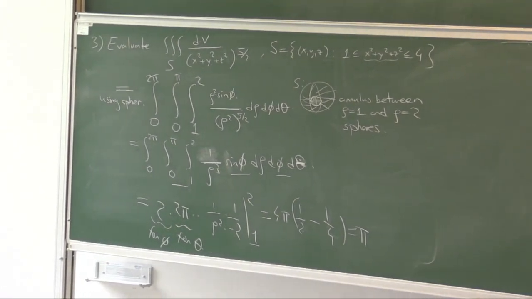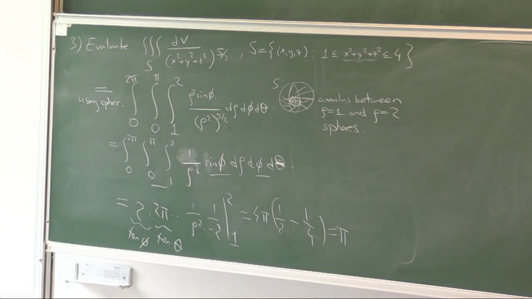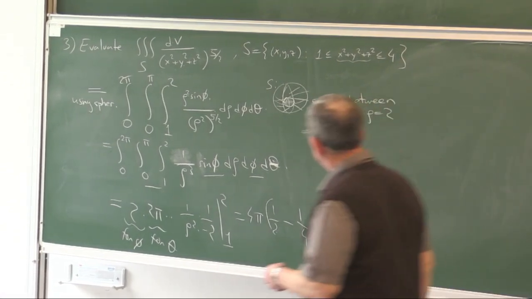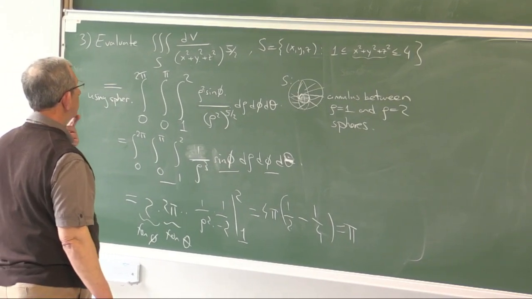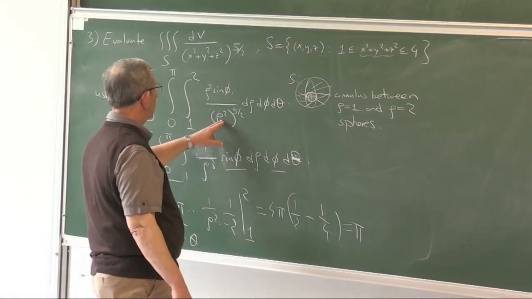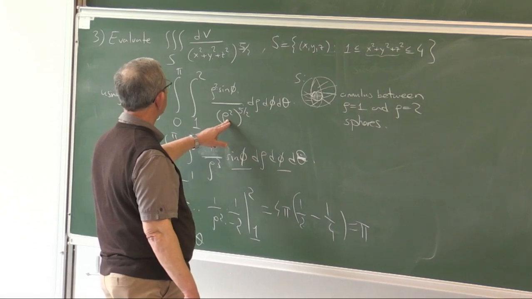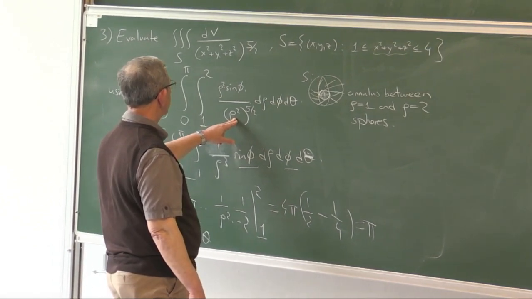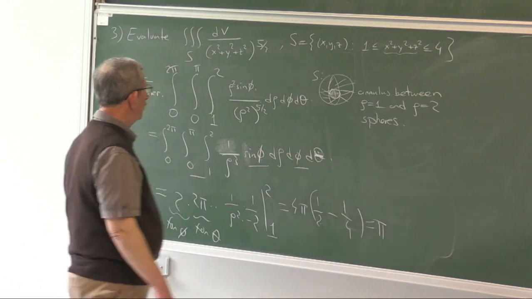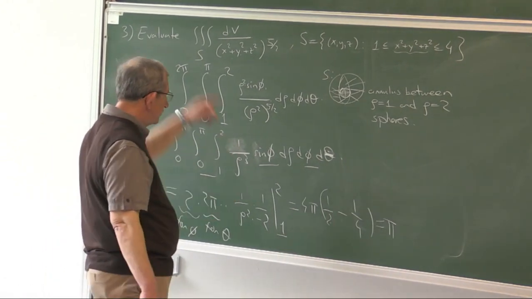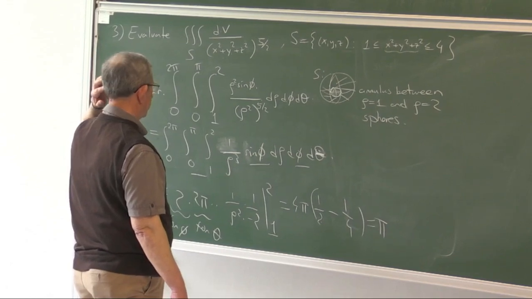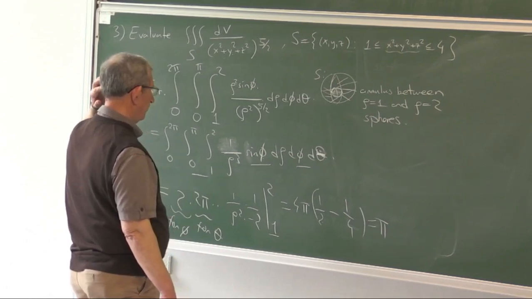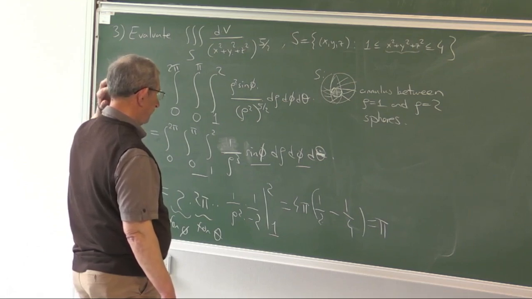Something? No, let me see. Where did I make a mistake? Probably I did it somewhere. This is rho to the 5th, so it is 1 over rho cubed. So it is this, that's correct. Right. And we obtain, when we put 2, we have 1 over 4.